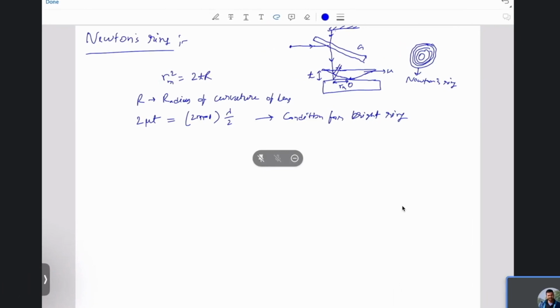So I was just talking about Newton's ring. Do any of you know about Newton's ring from before, or is it new to you?